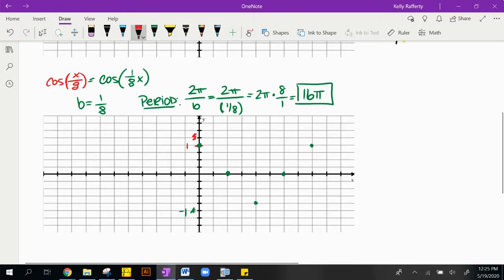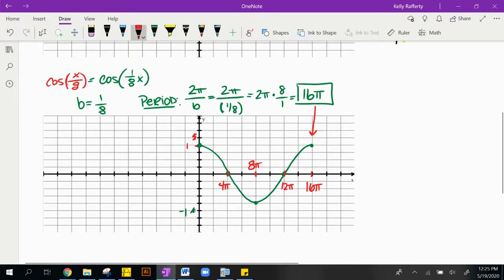But now, instead of ending at 2 pi, one cycle goes all the way to 16 pi. So from there, I could figure out what these other values are. So half of 16 pi would be 8 pi in the middle. Half of 8 pi would be 4 pi over here. So we have 4 pi, 8 pi. If we keep the pattern going, this would be 12 pi. So we could figure out all those key points.